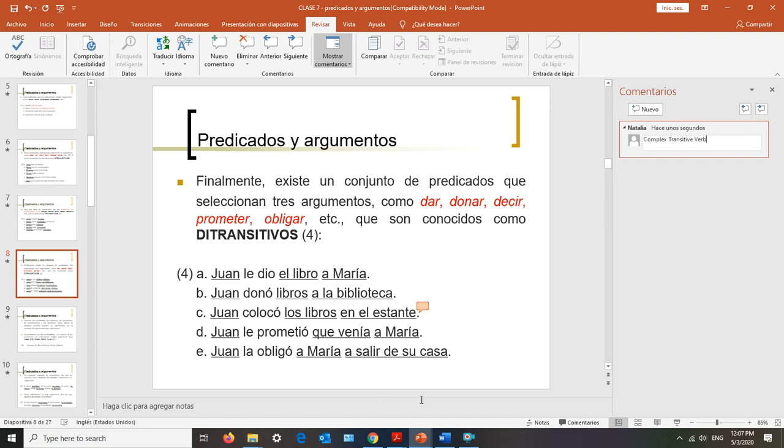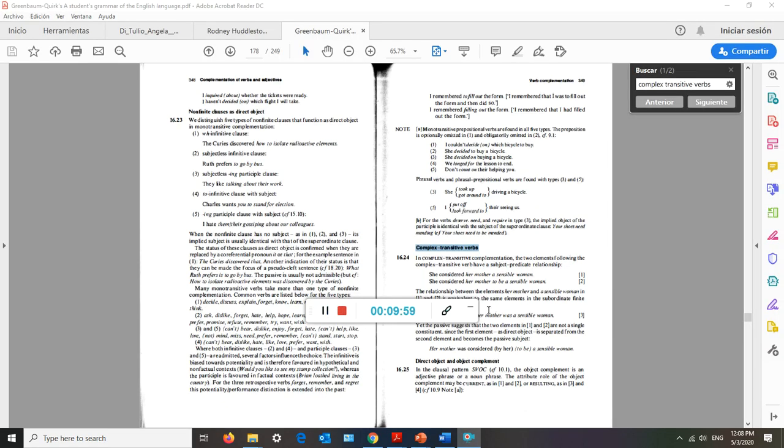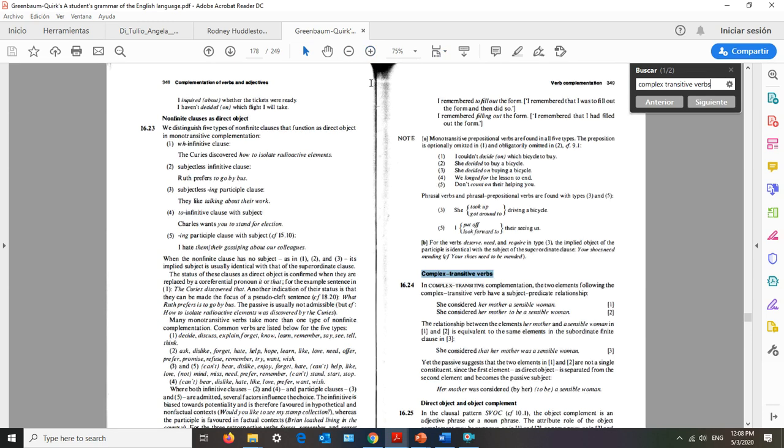I will go now to the source that you can consult for you to study, for you to remember the type of verb that a complex transitive verb is. This is a source that I have already mentioned that we use in this class. You don't have it as obligatory material for you to read because it is a source that is used in first and second year, particularly for your grammar classes.